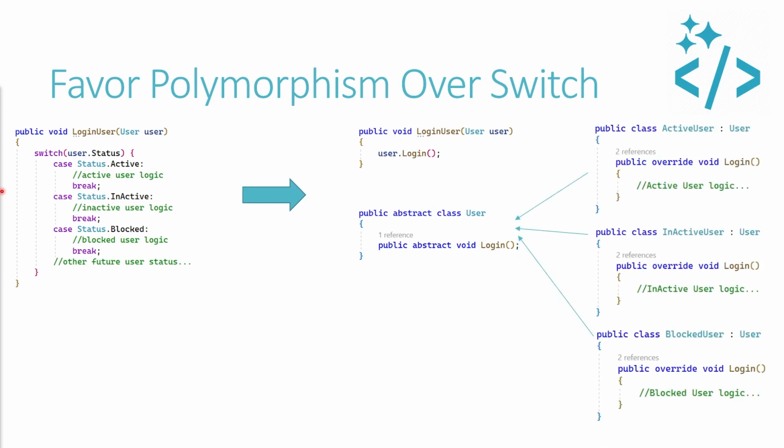So with the help of polymorphism, we will then be able to execute the specific logic based on the type of the user.